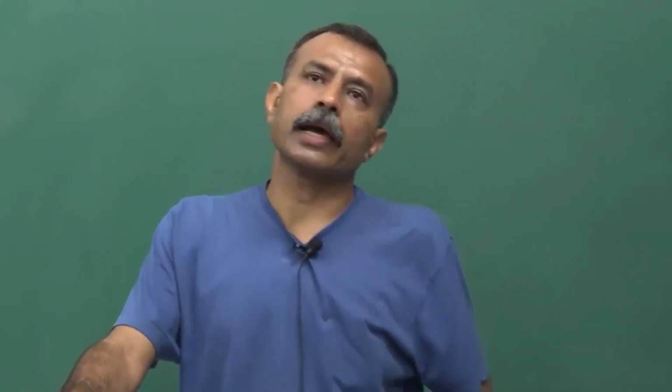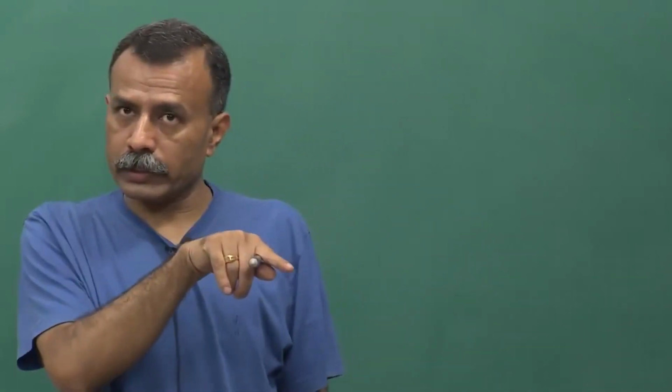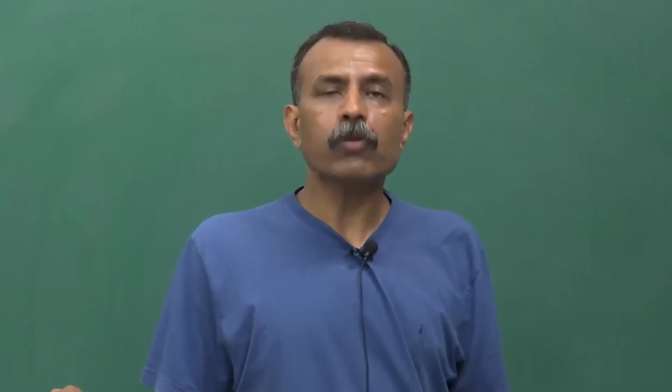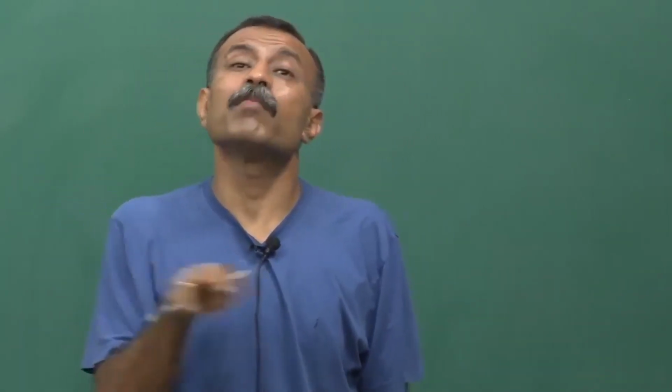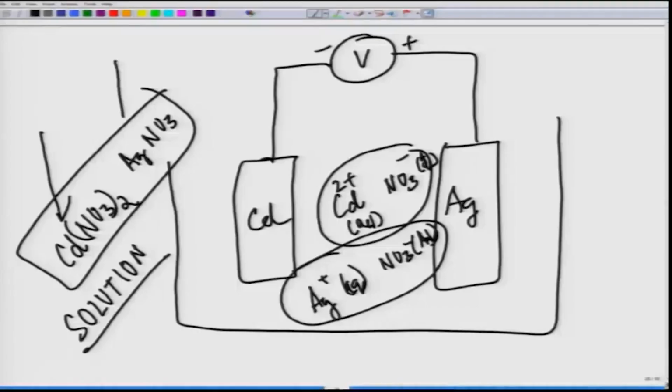Second situation is that I do not have a barrier, which I explained earlier: we have cadmium and AgCl electrode in cadmium chloride. Now, third situation, I have two different electrolytes and I am mixing them together. Two different electrolytes are cadmium nitrate and silver nitrate, and my electrodes are cadmium and silver.